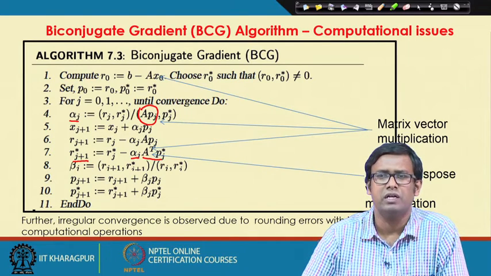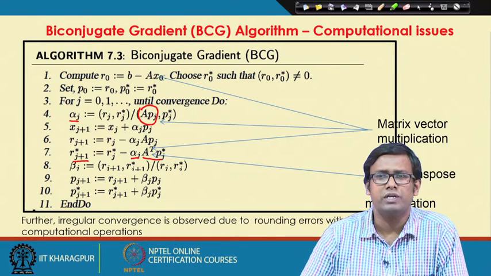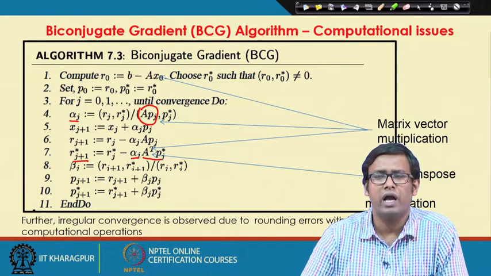Then we will see that there are some oscillations of the iterations, and when the residual value is quite high, the rate of convergence is good, and when the residual value reduces to a small number, the convergence slows down.